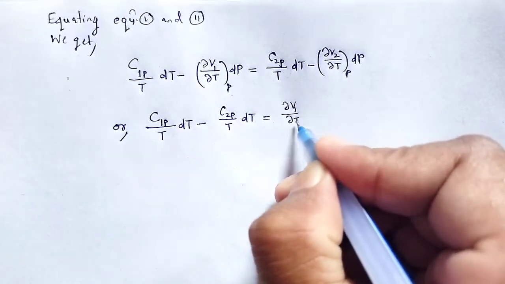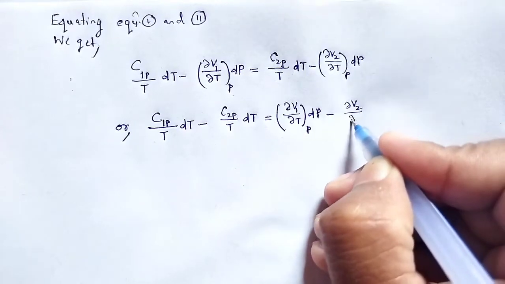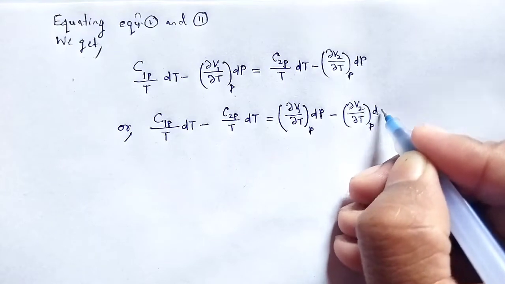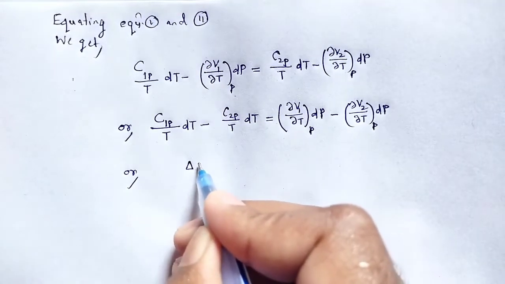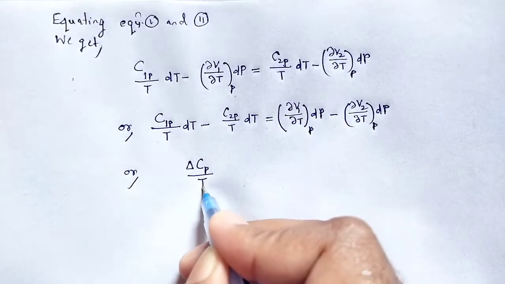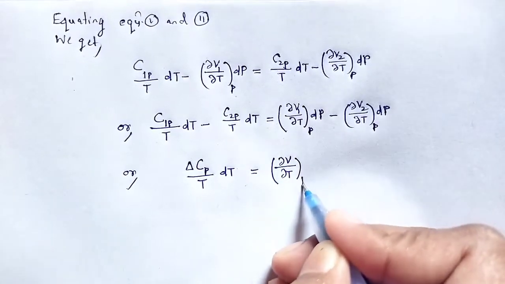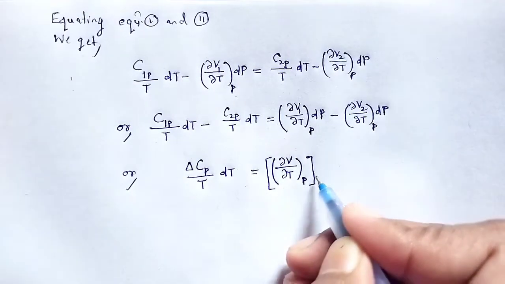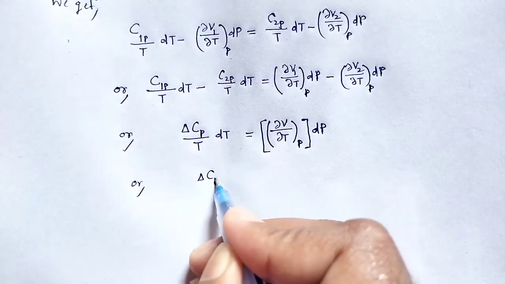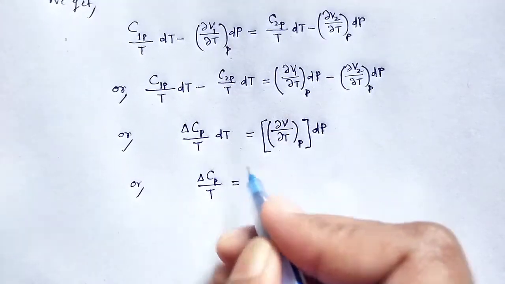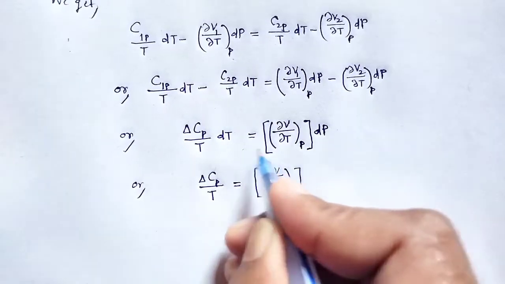So, del V1 by del T at constant pressure dP minus del V2 by del T at constant pressure dP, or del Cp by T dT is equal to del V by del T at constant pressure dP, or del Cp by T is equal to del V by del T at constant pressure, that is dP by dT.